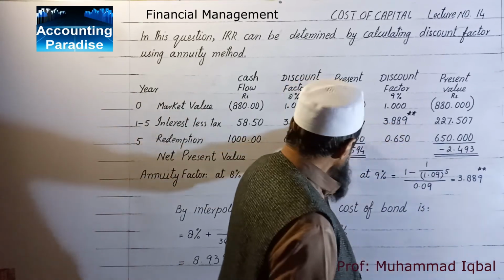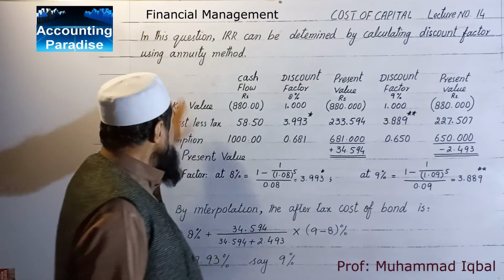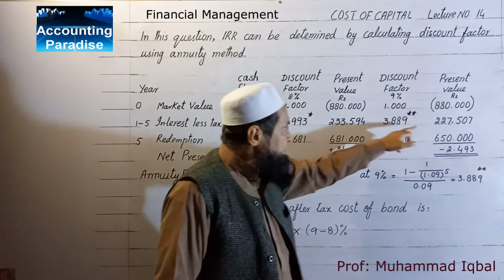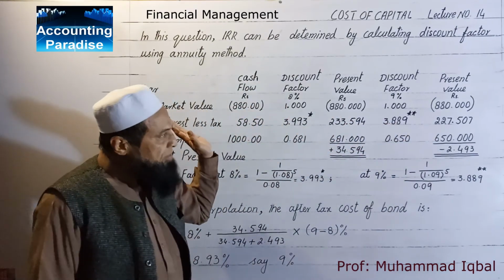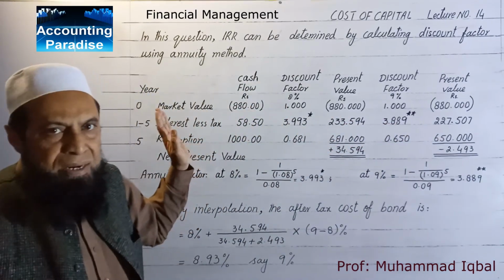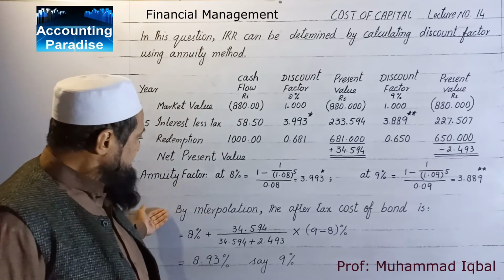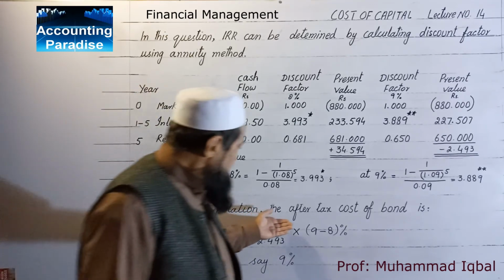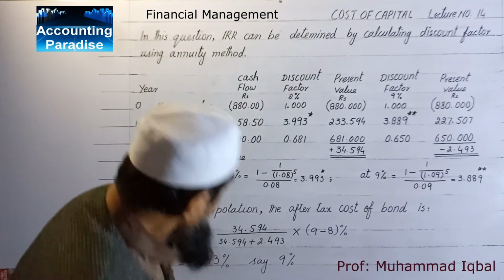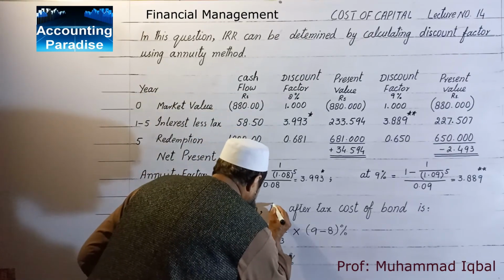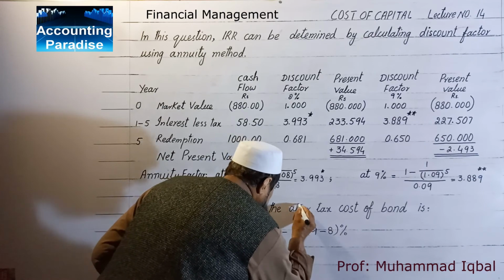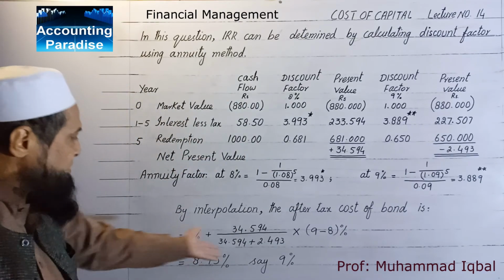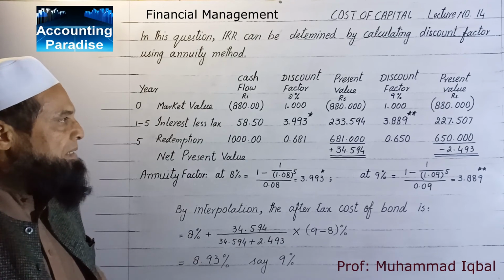Only by using the annuity method, we have one line, while using year-wise discount factors, 5 lines. The same by interpolating, the after-tax cost of the bond is the same as in the previous method.